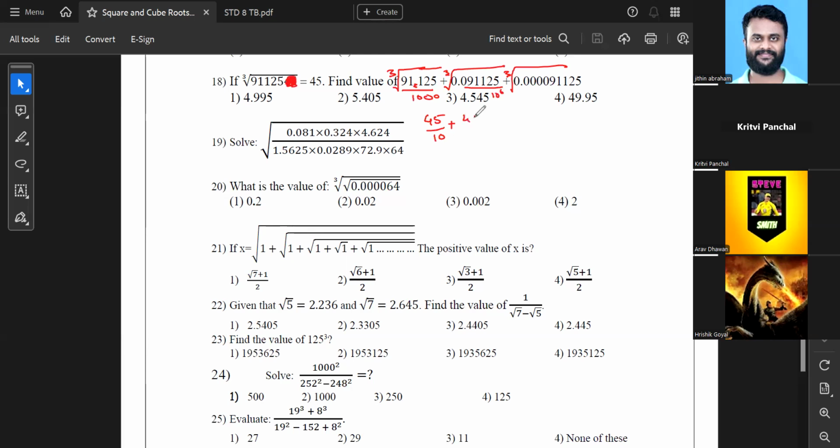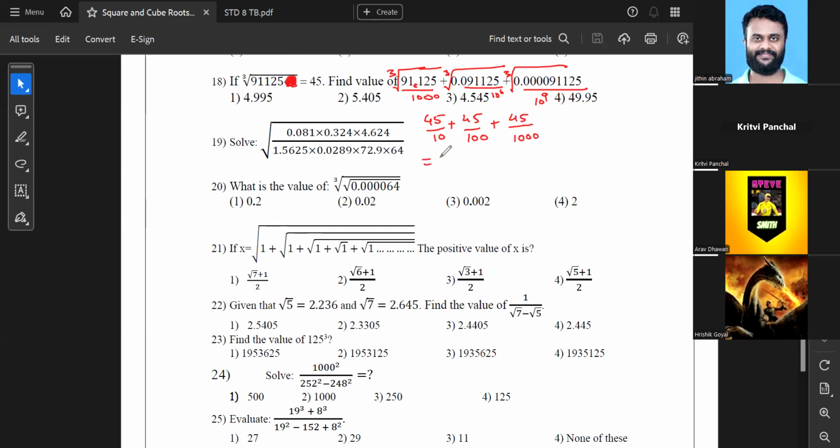So 45 upon 10 raised to 6, whose cube root is 10 raised to 2, or 100. Plus over here, 1 2 3 4 5 6 7 8 9, so you have in the denominator 10 raised to 9. That gives you 45 upon 10 raised to 9, whose cube root is 10 raised to 3, which is nothing but 1000.